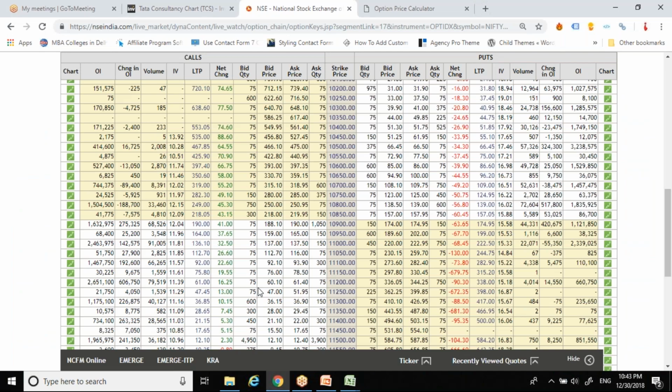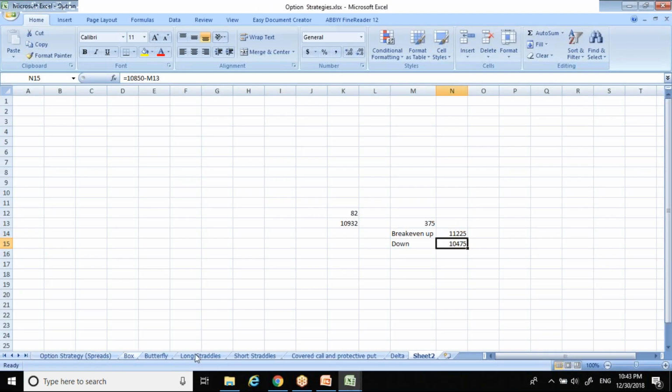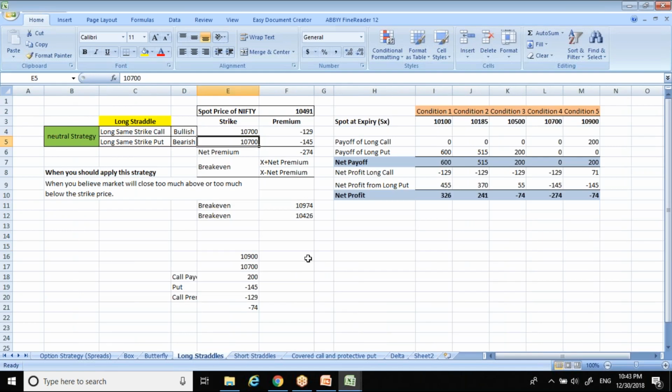So you should apply this strategy only when you believe that the market will go very high or very much down. So in this example, the total cost is 375. If the market goes above or below that in any direction by more than that amount, then you make profit.